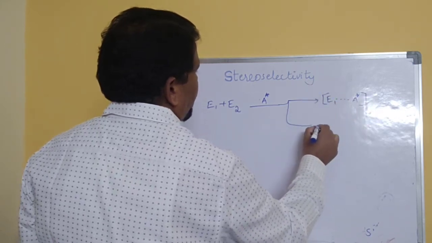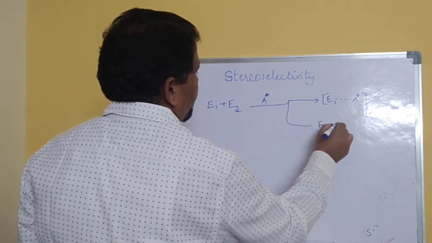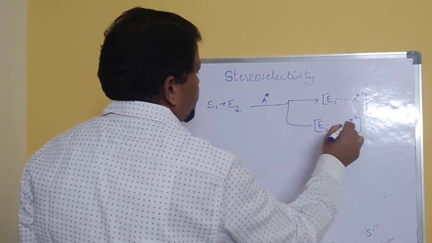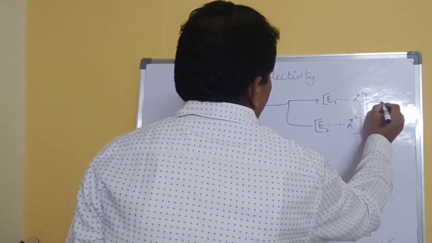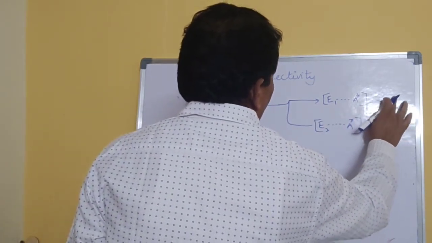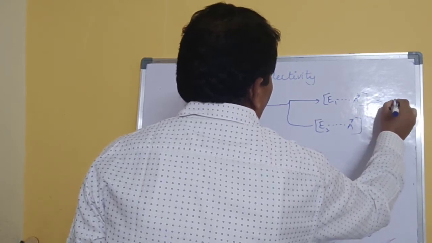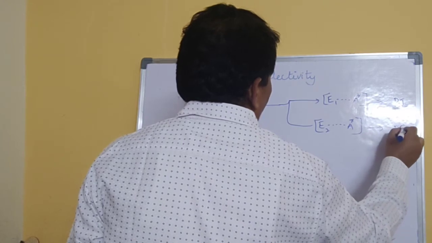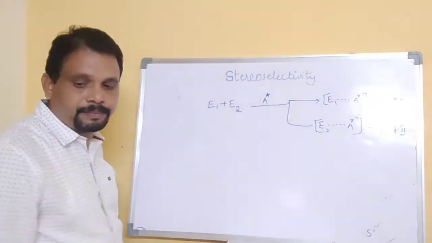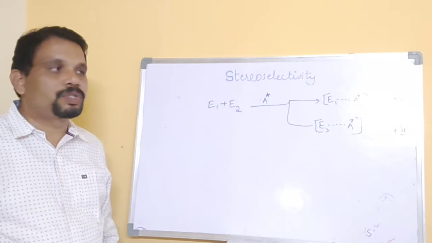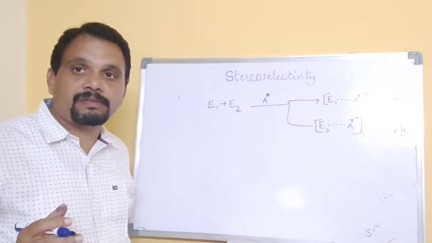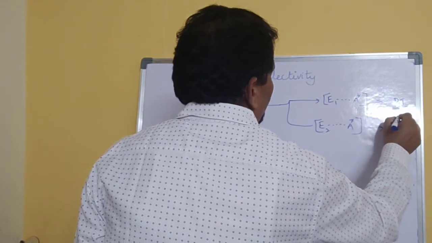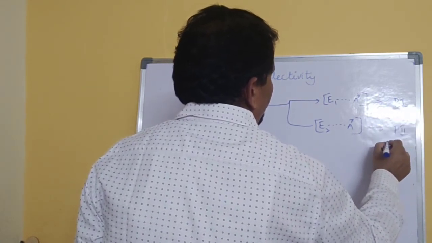Next E2 and A star, this is also another transition state. After that P1 product and P2 product will be formed. One will be major, another one will be minor. Suppose I say this is major and this would be minor.